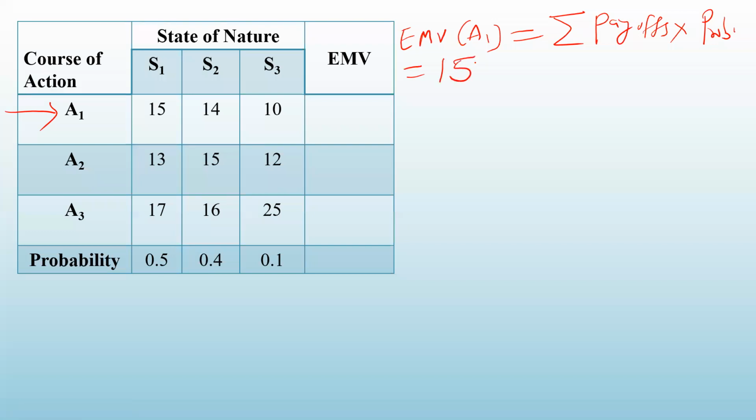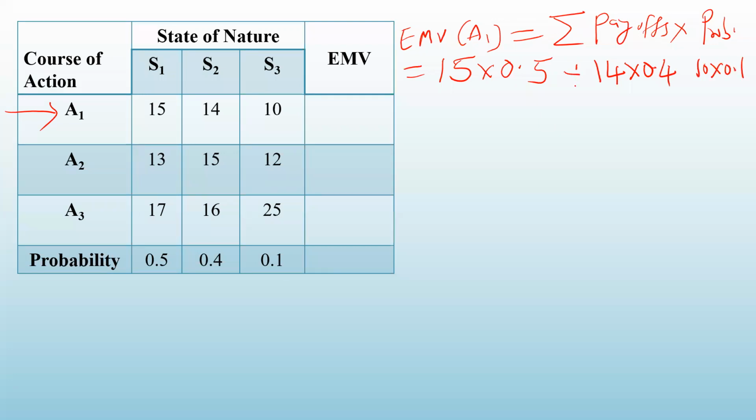That means I have to multiply 15 with 0.5. This is the payoff, and the probability of this state of nature is 0.5, so 15 multiplied by 0.5. The next one will be 14 multiplied by 0.4. And the last one is 10 multiplied by 0.1.